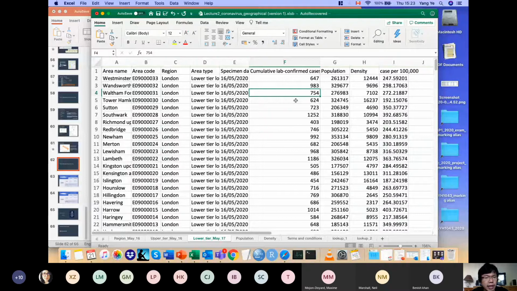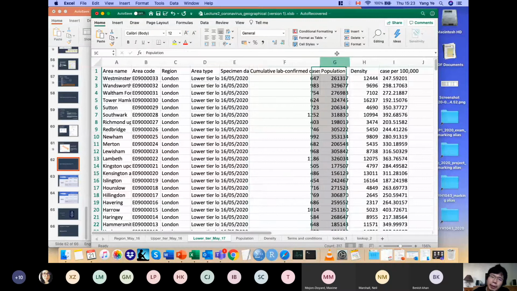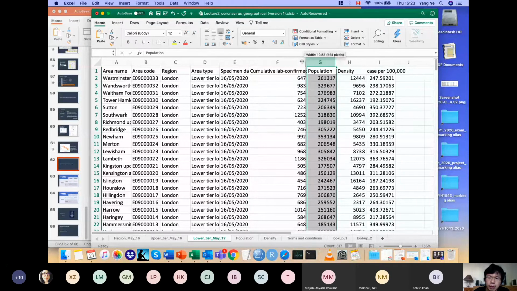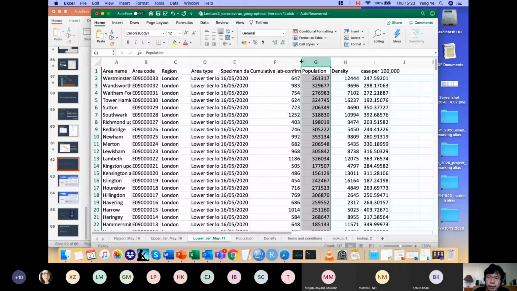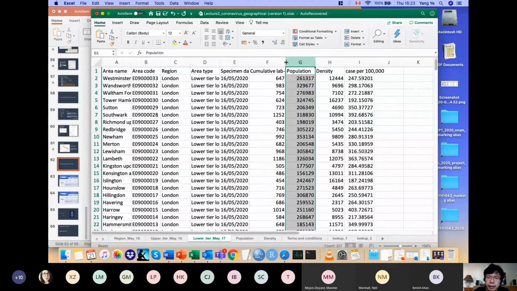So we have the cumulative lab confirmed cases, and we have the population of these local authorities, right? This makes me think that it is possible that the higher the population, the higher the number of cases, right?